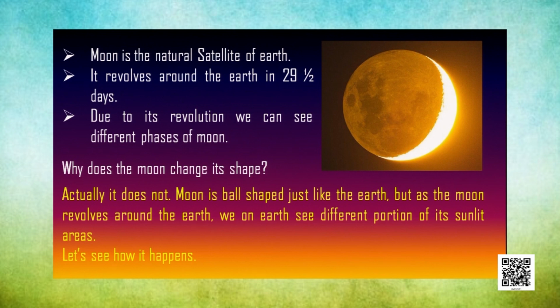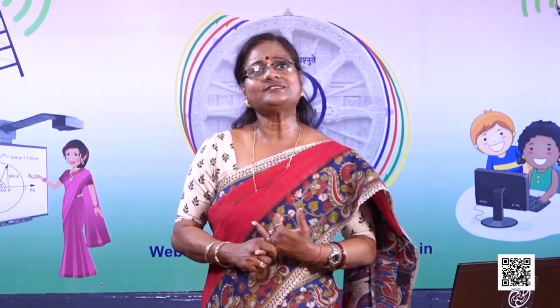Due to its revolution, we can see different phases of the moon. What are phases of the moon, children? That you will come to know. Have you ever seen or thought why the moon changes shape?